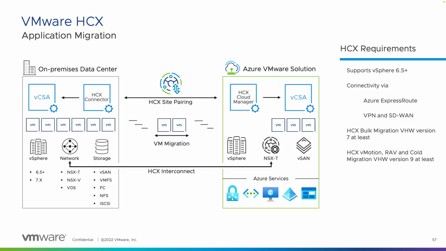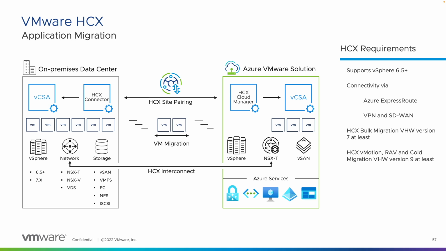As of March 2024, HCX supports vSphere from 6.5 and up. There are a few different connectivity types to use HCX. Some that I have listed are Azure ExpressRoute and VPN and SD-WAN. And then in terms of the VMs that you're moving, some things to be aware of.